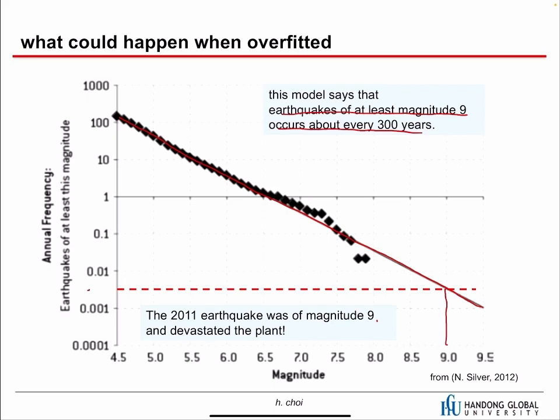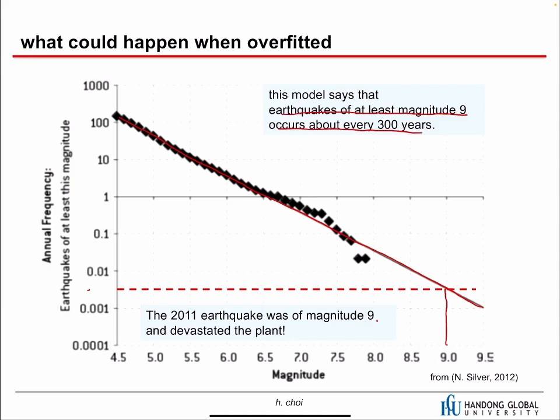So if that's the case, then they had to build the power plant which could withstand at least magnitude 9 point something, so around 9.5 or so. So there are lots of factors and issues, but this graph says that their model was overfitted to the history data samples.